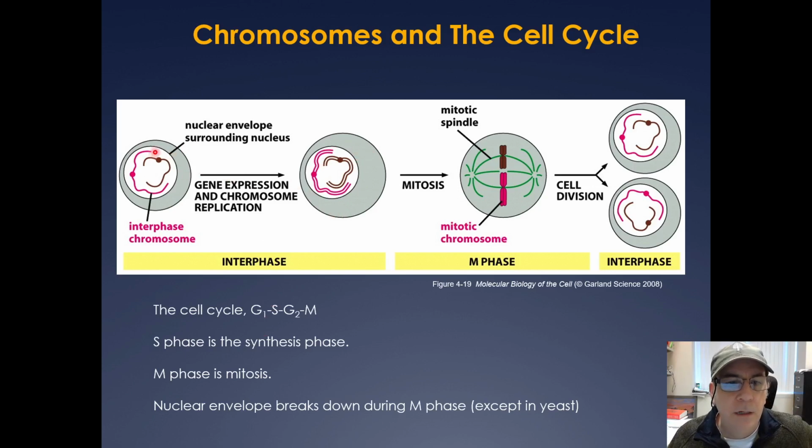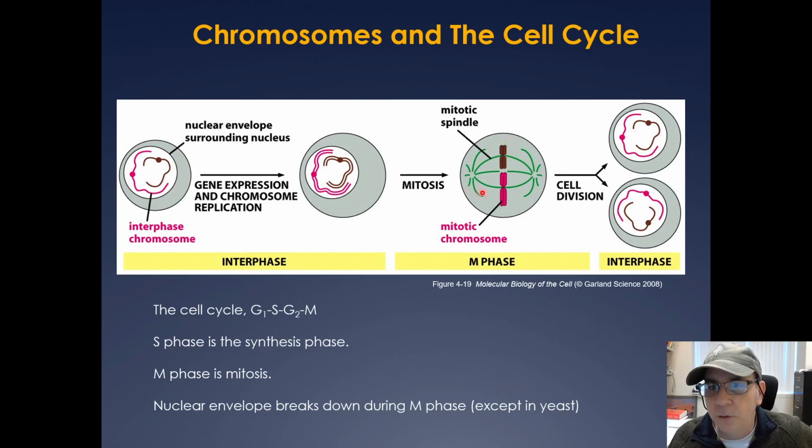Okay, so you have the nuclear envelope surrounding your interphase chromosome, and then during S phase it's duplicated, and then during mitosis the chromosomes condense. They align along the metaphase plate.